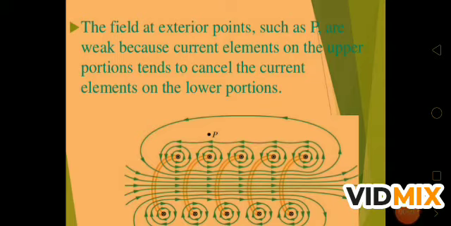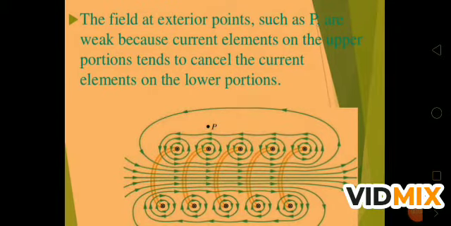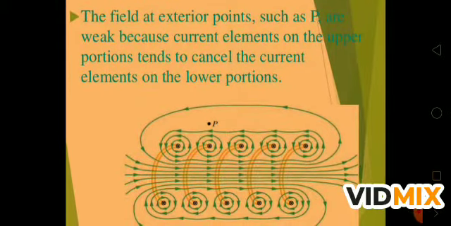Now if you see the field at the exterior point, here we have taken a point P, it is weak because the current element on the upper portion tends to cancel the current element on the lower portion. That's why the field outside the solenoid is weak, and it is shown here at the point P. The magnetic field lines are weaker, they have very few field lines.